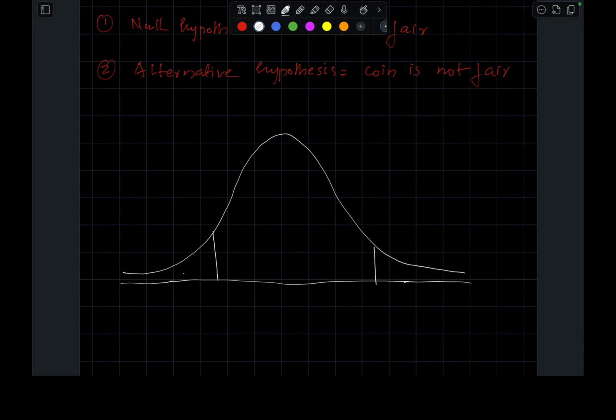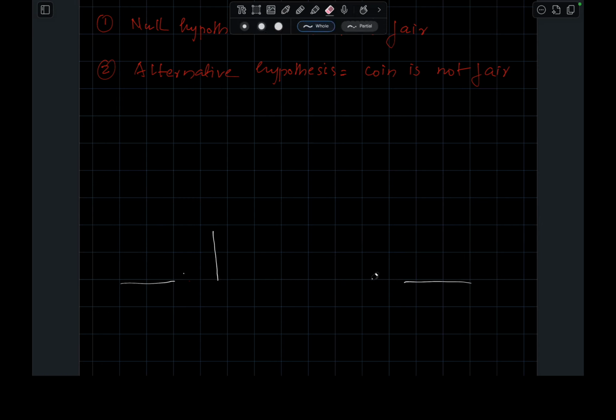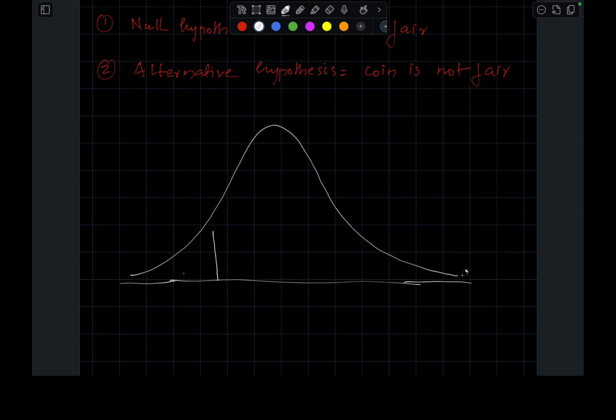So we are considering the case that with 95 percent confidence, the coin is fair. This confidence interval we can also fix, we can initialize that value.